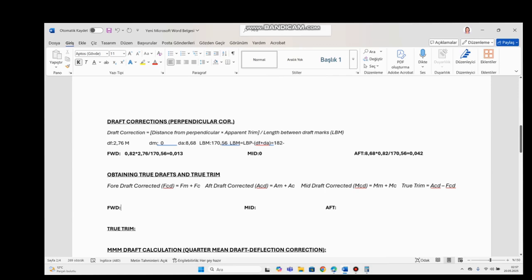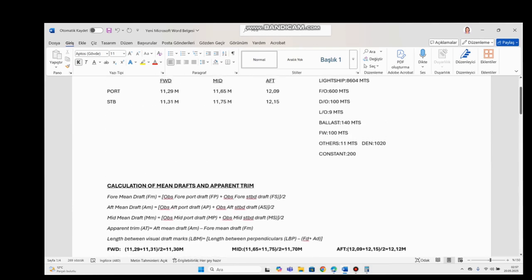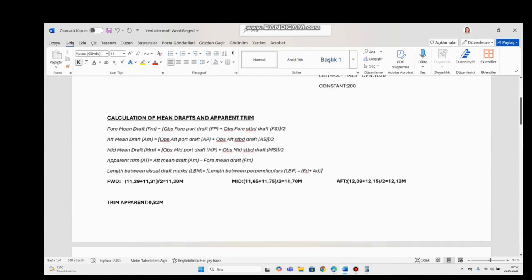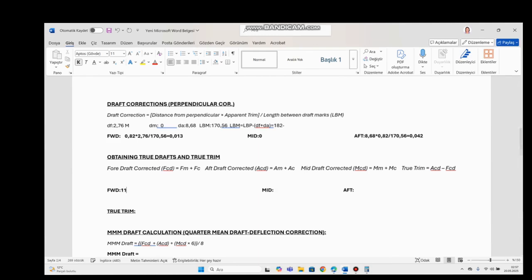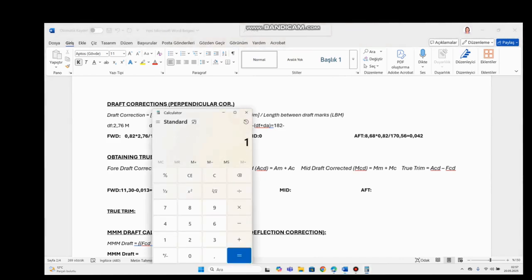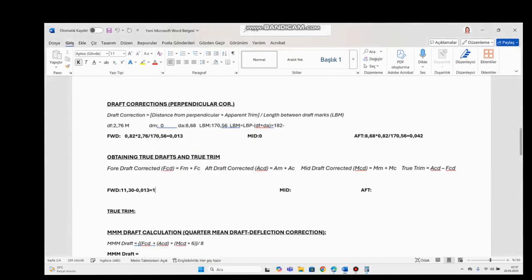And let's find our true drafts. What was our fore draft? 11.30 minus 0.013 equal 11.287.